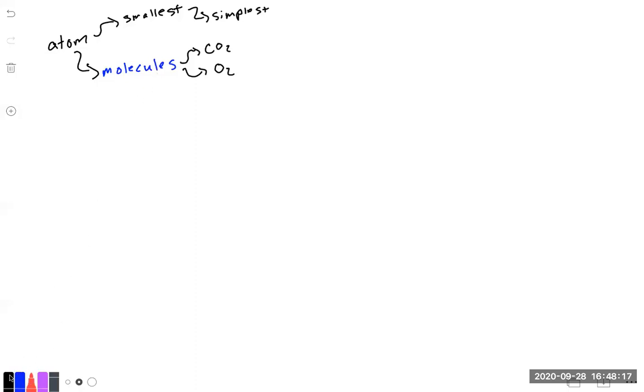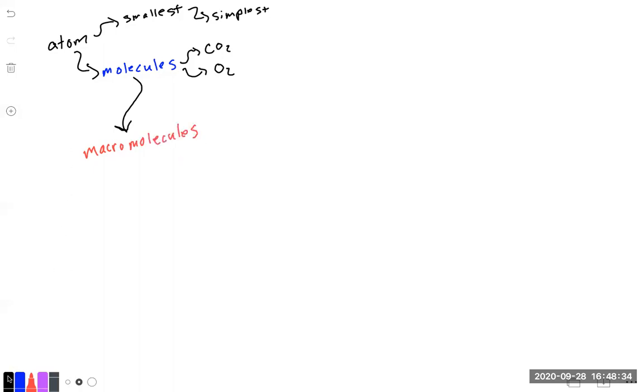Next, we would have a branch of molecules that are a little bit more complex, our macromolecules. And this is where we start to really see some complexity enter the picture.